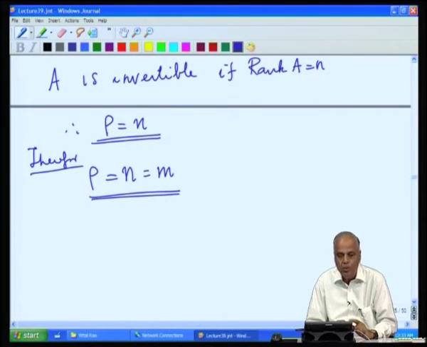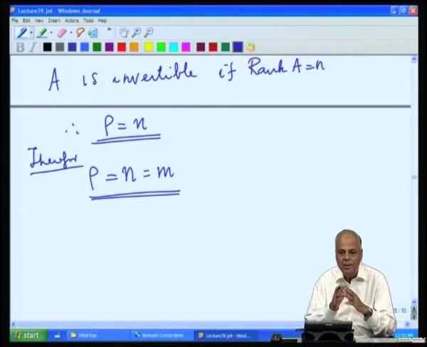Because rho equal to m, how many consistency conditions are required for the system Ax equal to b? We need m minus rho conditions, and because m minus rho is 0 in this case, there is not going to be any consistency condition.